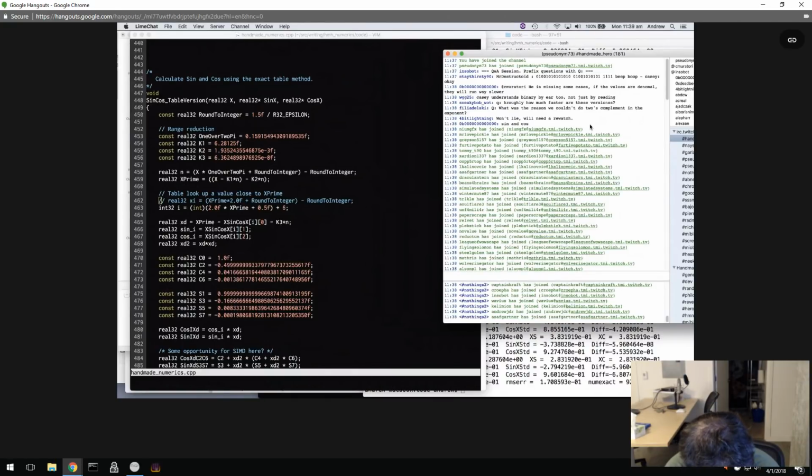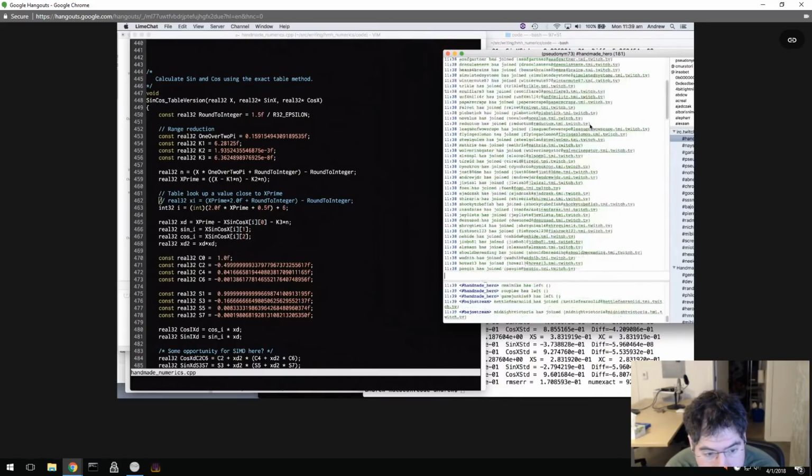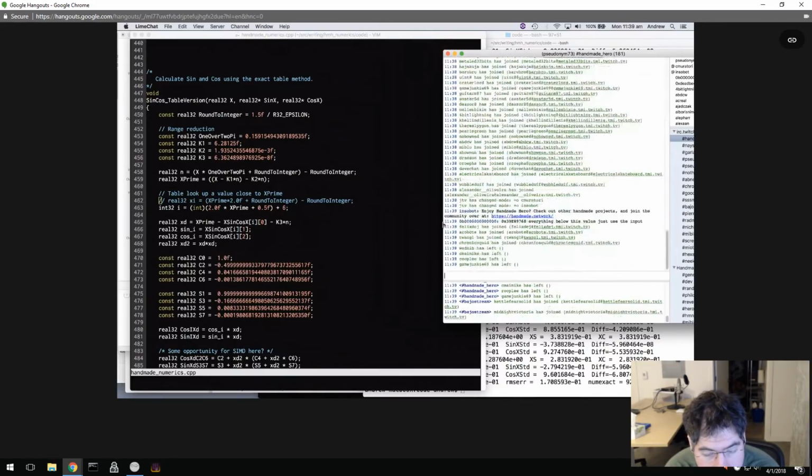The cosine of a subnormal number is close enough to 1. For sine of x, yes, you're right, you can just use x. But the reason I don't want to do that is I don't want to introduce a branch. This is branch-free code by design, and we want to keep it that way for all of the reasons we've talked about. And yes, that means it's slightly imprecise around that range.